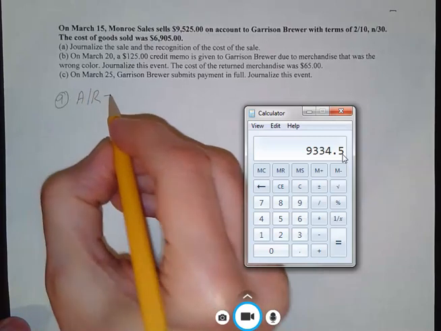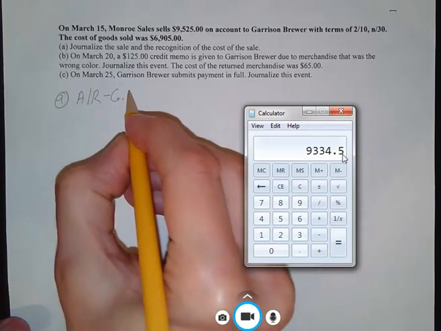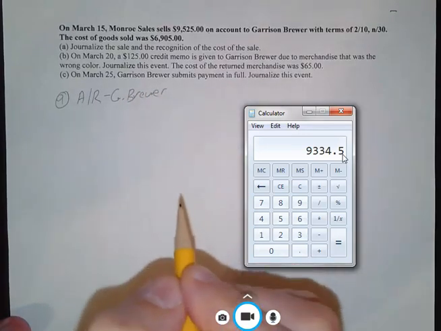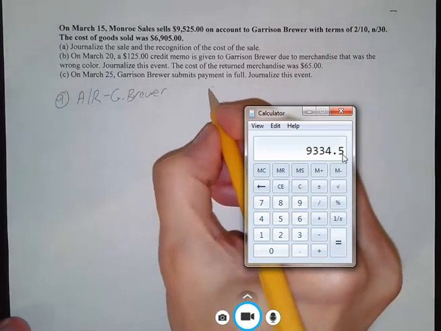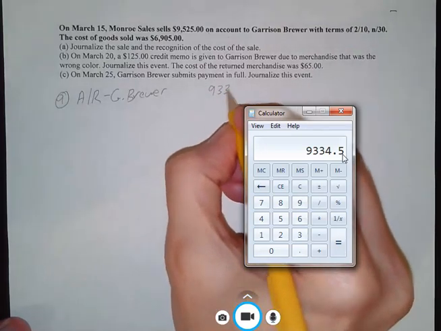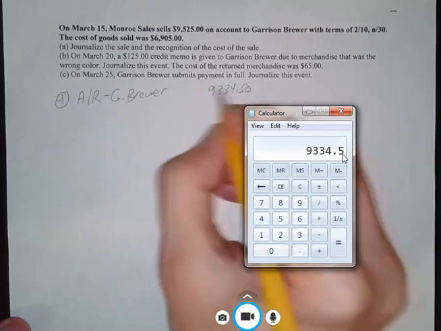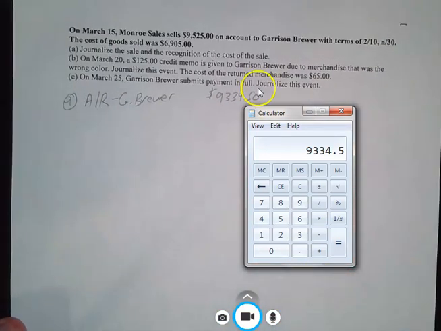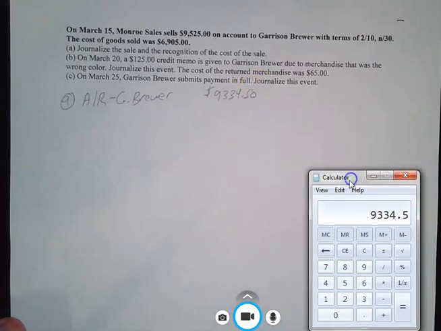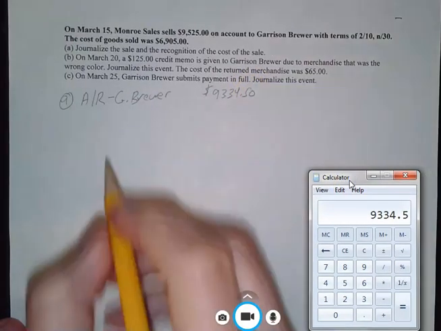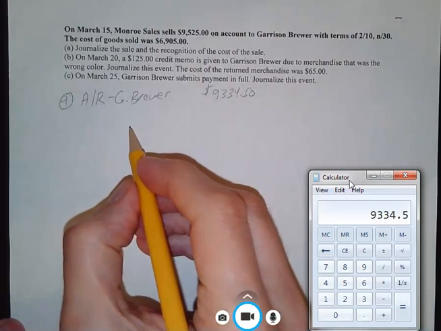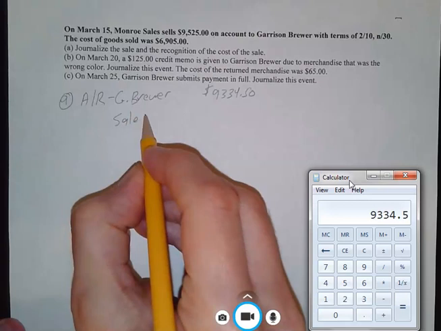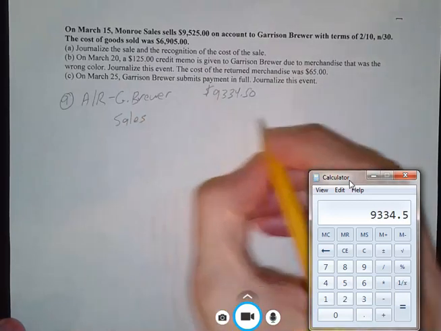Accounts receivable for G. Brewer, for that amount, and that's going to be our debit. What's our credit? Well, it's merchandise. So sales is going to be our credit, for the exact same amount.